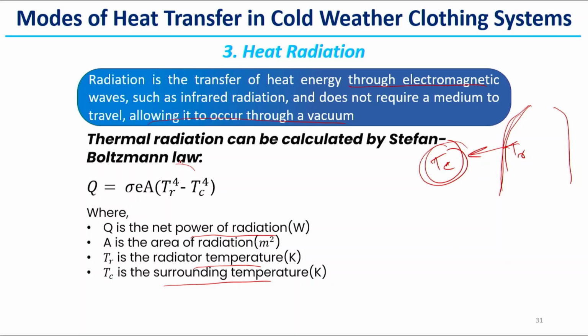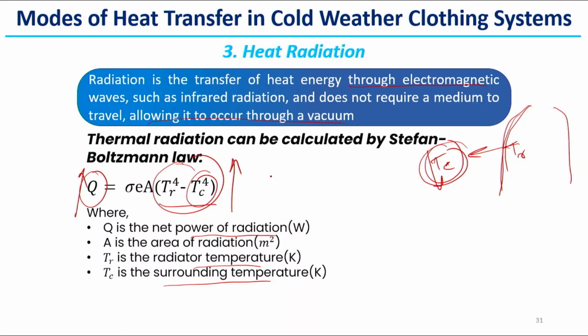So, as T c reduces, this value, T r to the power 4 minus T c to the power 4, will increase drastically. So, the heat loss will be affected significantly.